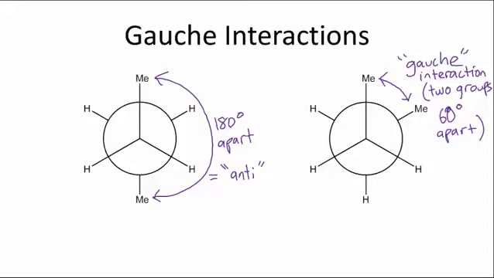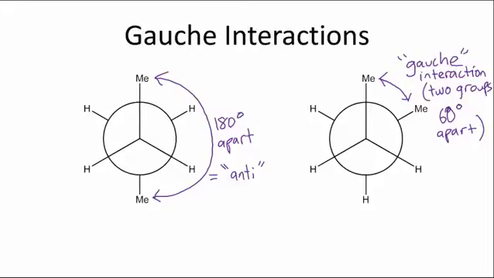And it turns out gauche interactions, as you might suspect, are somewhat unfavorable. So if you think about that butane molecule that you have in your hand, hopefully if you're watching this, it's going to rotate freely. At room temperature, each bond in that is going to rotate freely because there's enough thermal energy and things are always moving.